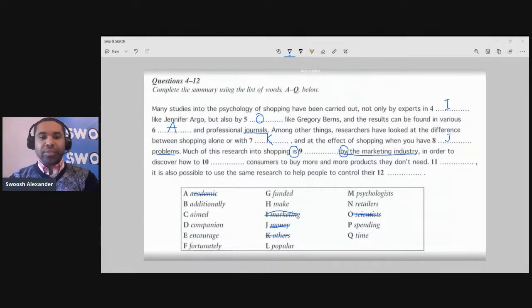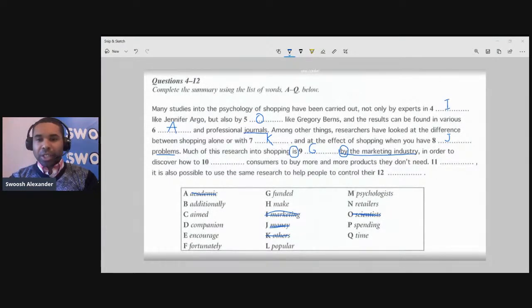Research is funded, so you've got that connection there. We fund research. So we can put that in. That would be G for number 9. Another word in a passive form is aimed, but it wouldn't make any sense in this context. Much of this research into shopping is aimed by the marketing industry wouldn't make sense, whereas funded by is obviously saying this is where the money comes from.